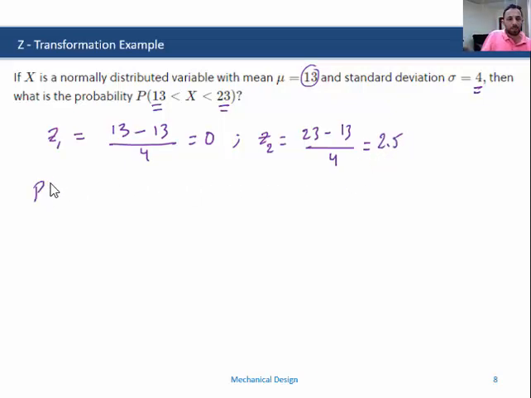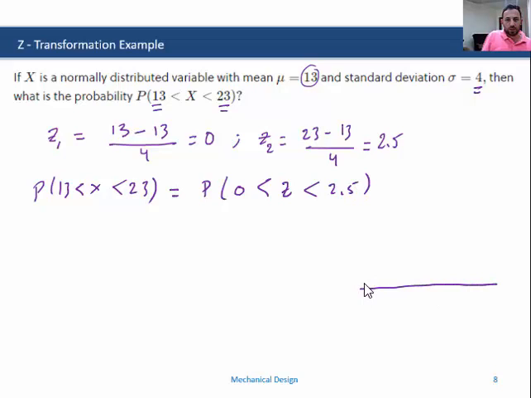Then the probability becomes between 0 and z equal to 2.5. We want to obtain this area. The probability is the integral, right, between 0 and 2.5.